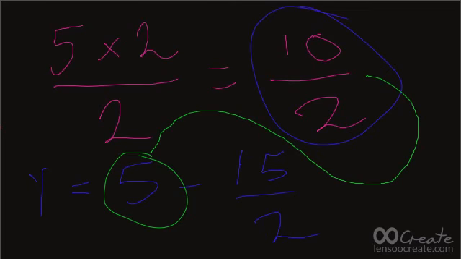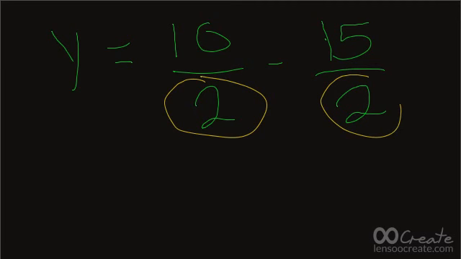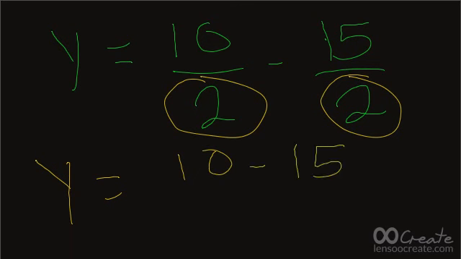So now our equation becomes y equals 10 over 2 minus 15 over 2. Now both of these fractions have the same denominator of 2. So to subtract 15 over 2 from 10 over 2, we subtract the numerators. So this equation becomes y equals 10 minus 15 with the entire thing over 2.